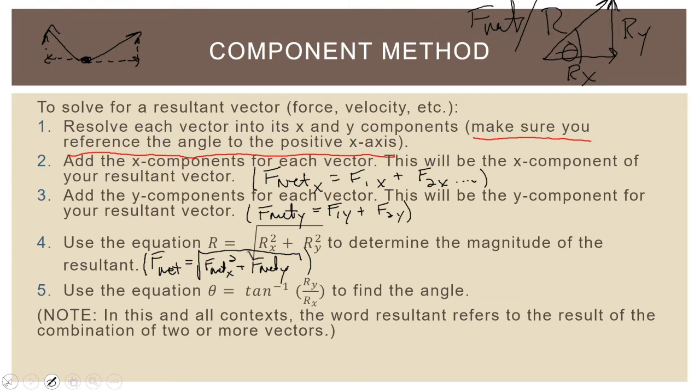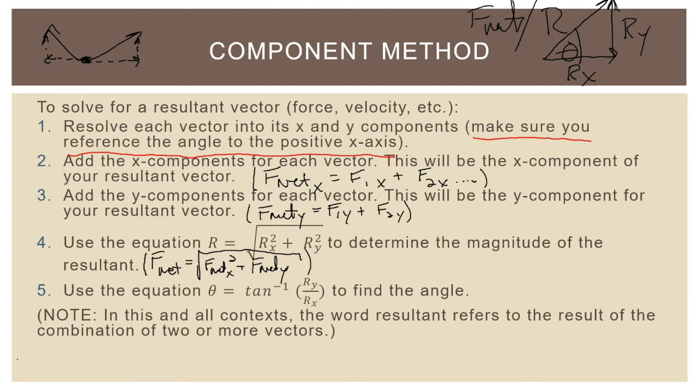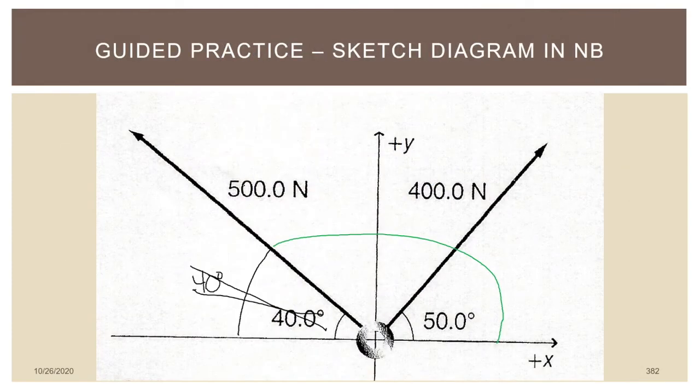And the reason why we said that is because we need their signs to work out correctly, which you'll see in a couple minutes will prove to be very important. So we'll say that F2 is 500 newtons, and we'll say that theta 2 is 140 degrees.